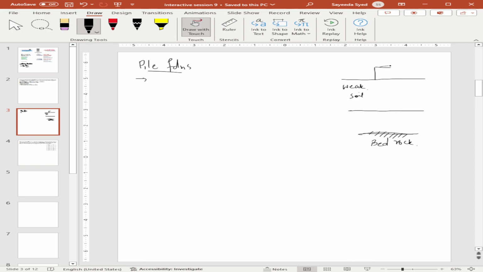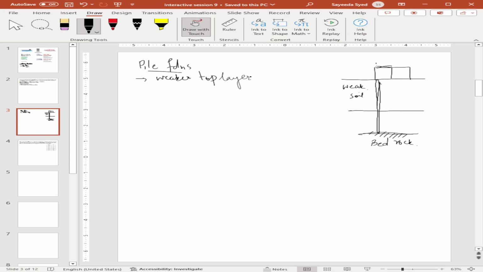So we design the foundation so that it can bypass the load through these weak layers up to a strong layer. That is one condition, a weaker top layer.